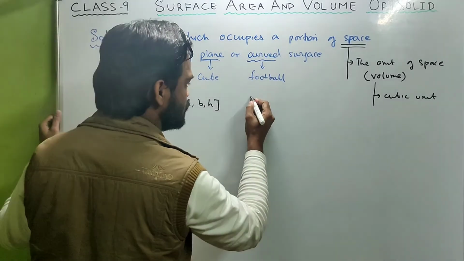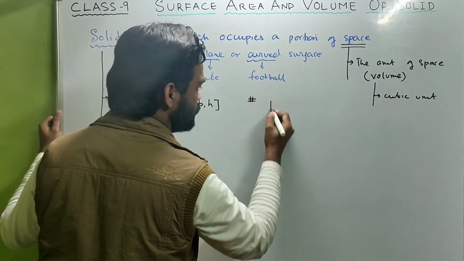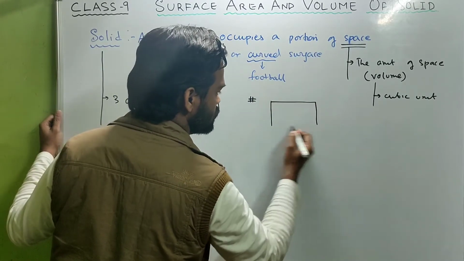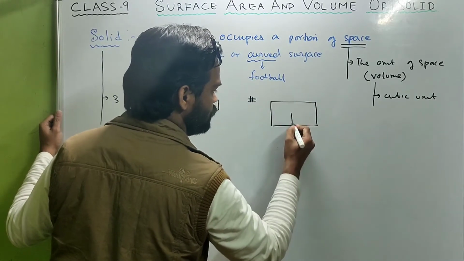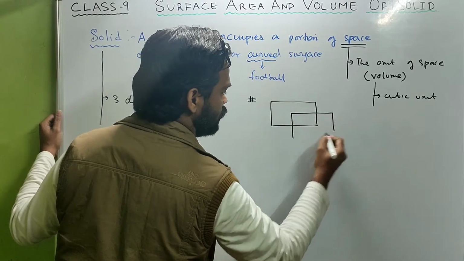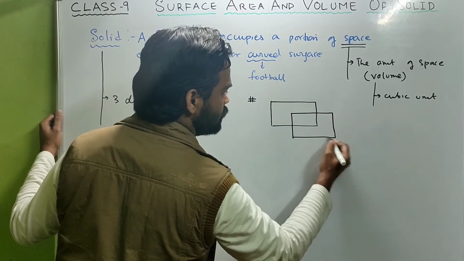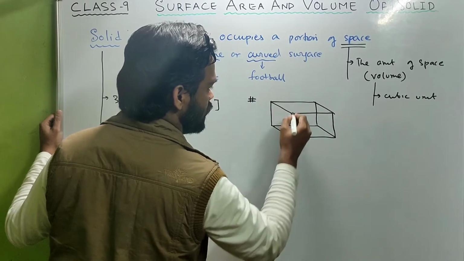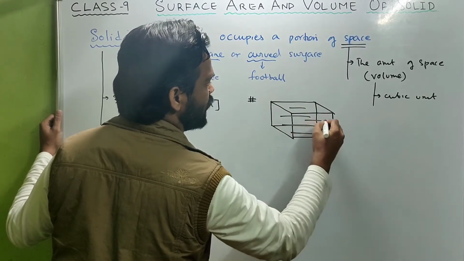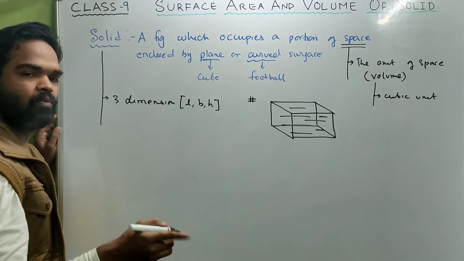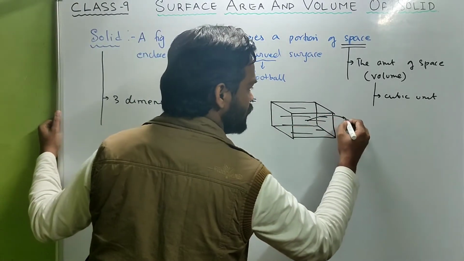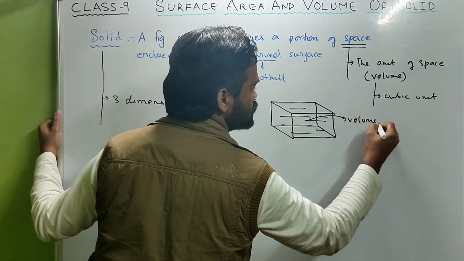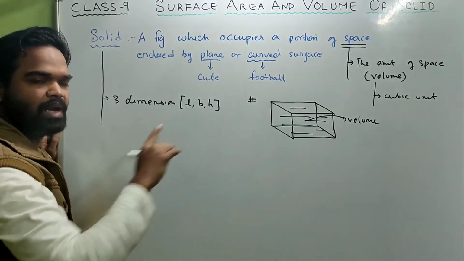For example, a shoebox is bounded by rectangular faces, and the amount of space it occupies is known as the volume. How much space it has occupied, that's known as the volume occupied by the cuboid.